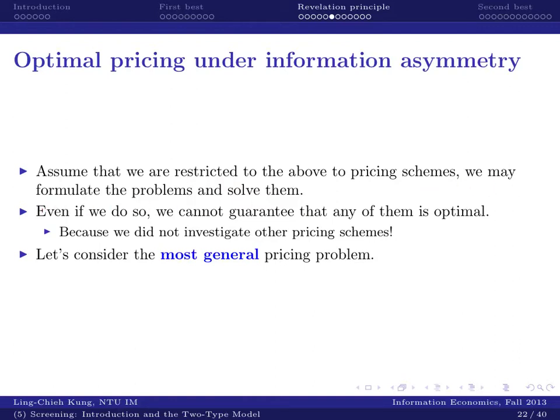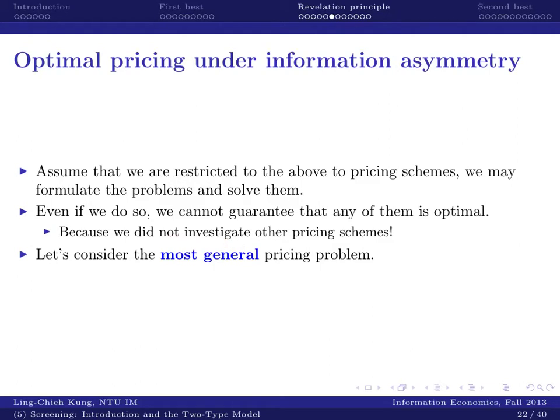That's possible. And actually, I hope you will try to do that in your homework. But the question is, even if we do that, we cannot guarantee any of them to be optimal, right? Because we did not investigate other pricing schemes.